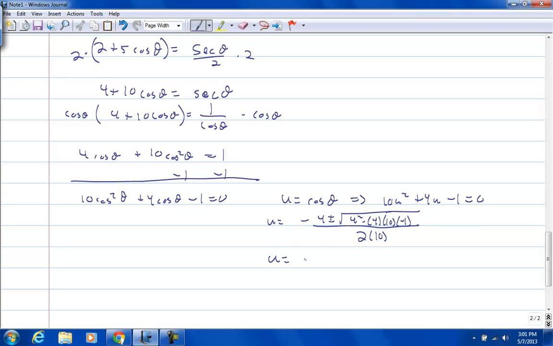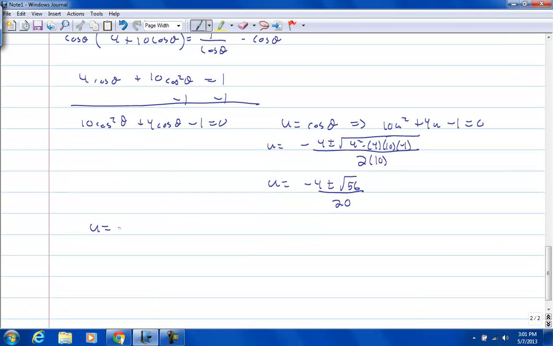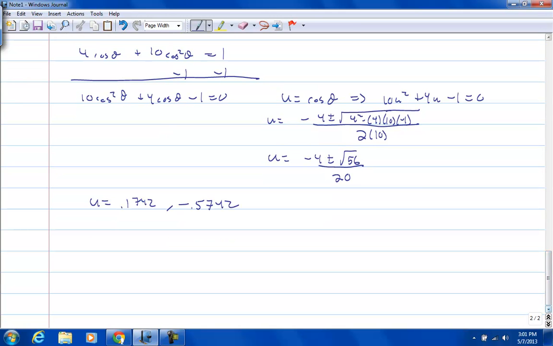So u is negative 4 plus or minus square root of 56. I'll skip that step. I'll let you do the arithmetic there. So u would equal 0.1742 or negative 0.5742. We're not finished yet. We still have a ways to go.